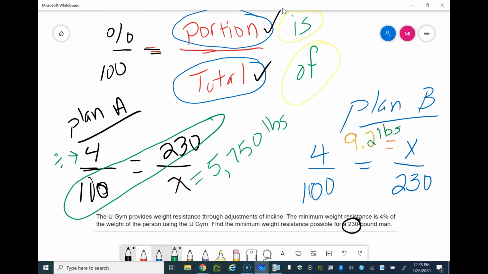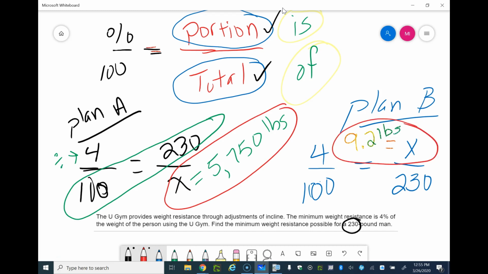So let's look at both of these answers and see what actually makes sense within the word problem. What are we trying to find? We're trying to find the minimum weight resistance possible for a 230-pound man. This man is in the weight room and he's pushing up some resistance. What is the minimum resistance of 4%?